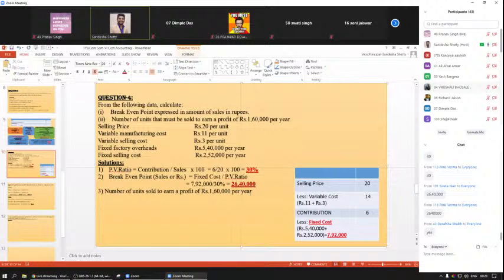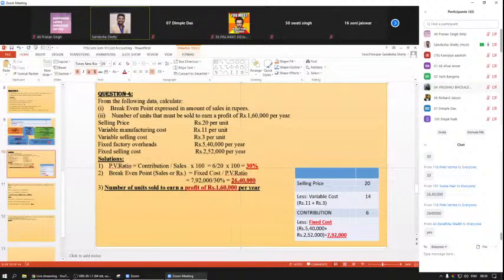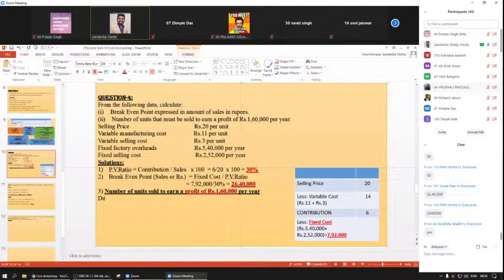Please remember this. It means this is a profit. So this point is profit. Remember. Yes, this is the profit का formula. So you're supposed to calculate the expected sales wala formula.